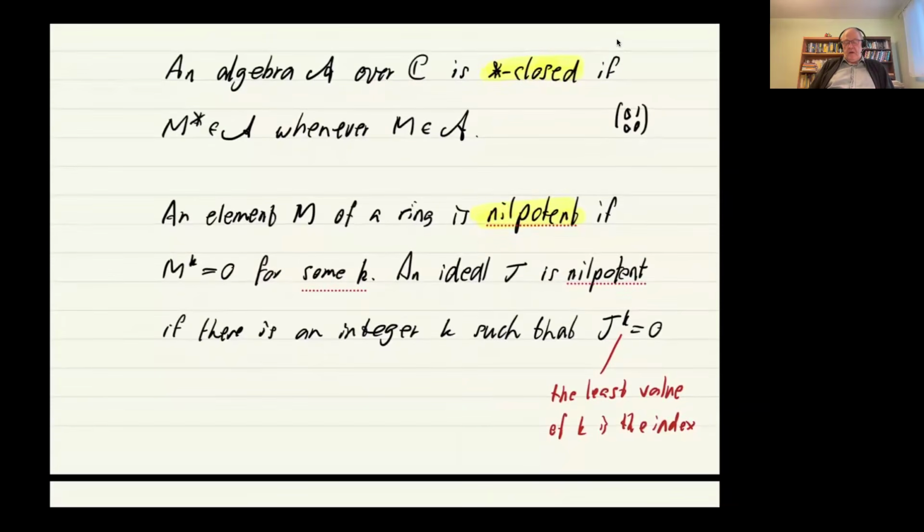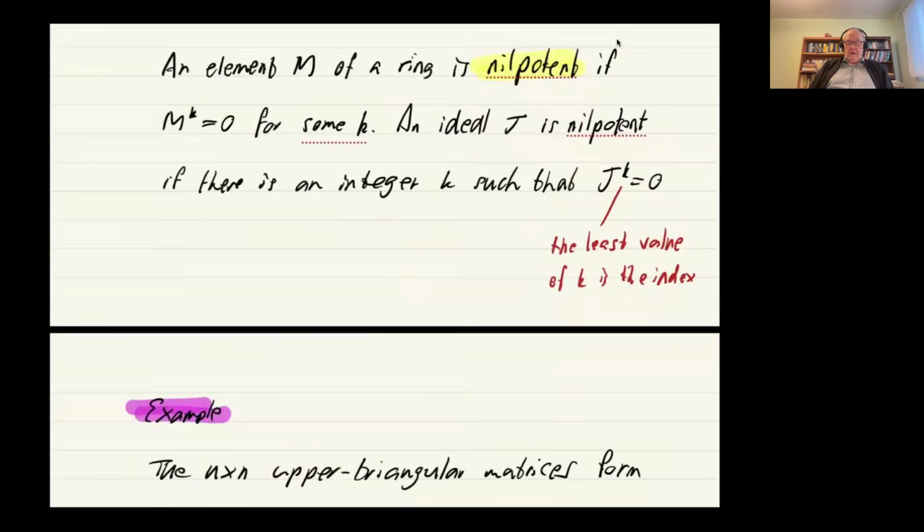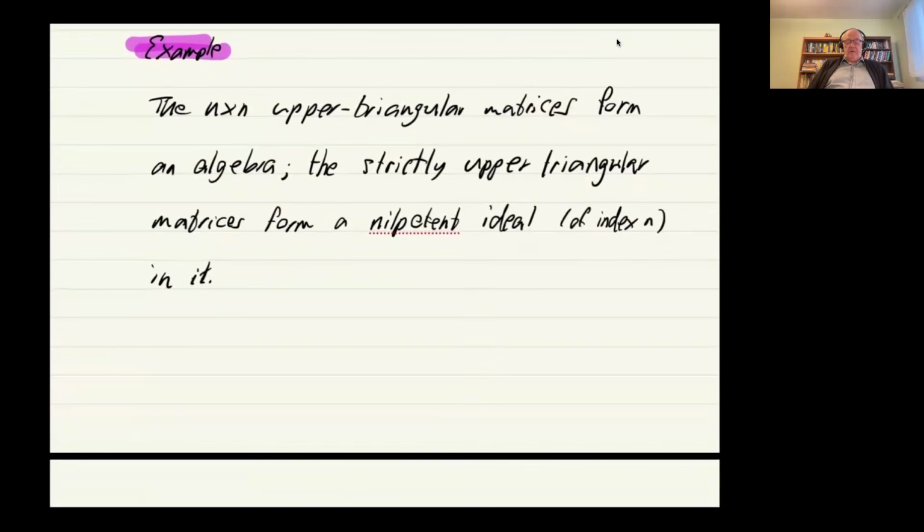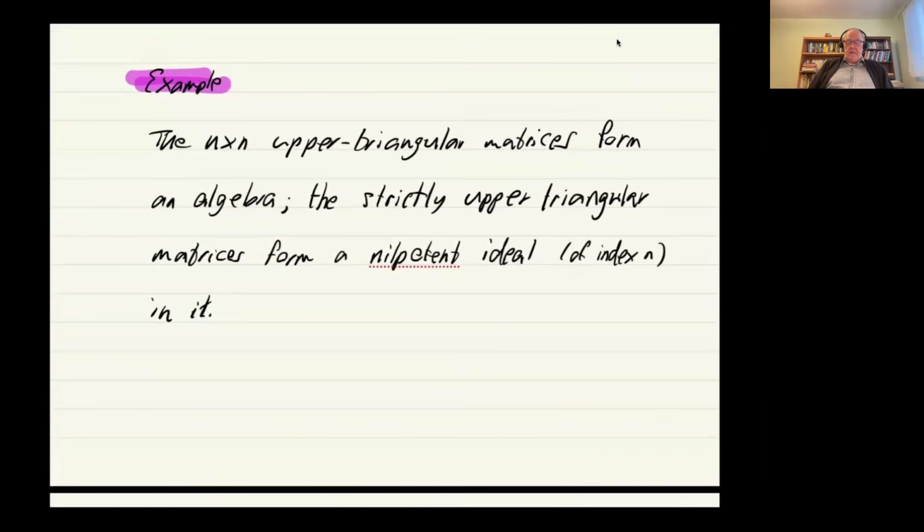This is not too important. An element of a ring is nilpotent if some power of it is equal to 0. And an ideal is nilpotent if there's an integer k such that the product of any k terms in the ideal is 0. Now, if you want to deal with rings more general than the complex numbers, then you have to replace star closed by a condition on nilpotent ideals, but we won't be doing that, so you can relax. The simplest, or convenient, example is that the upper triangular matrices form an algebra.